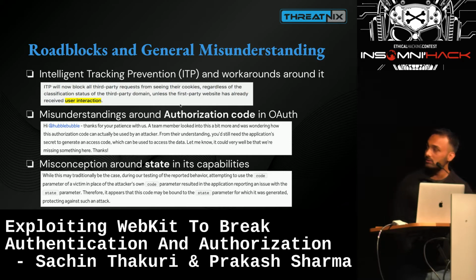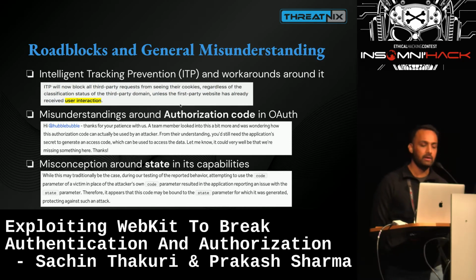Moving on, let's discuss some roadblocks and general misunderstandings that we saw among security teams of different bug bounty programs that we reported to. Let's start with ITP, or Intelligent Tracking Prevention, which is a privacy feature developed and implemented by WebKit and has been in use since October 2017.